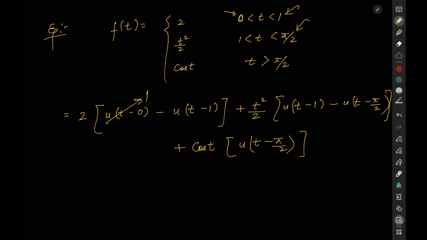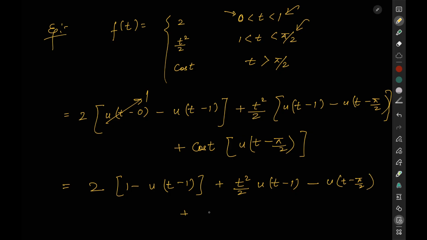Now this will become 1. So we can write 2 times (1 minus u(t minus 1)) plus t square by 2 (u(t minus 1) minus u(t minus pi by 2)) plus cos t u(t minus pi by 2).